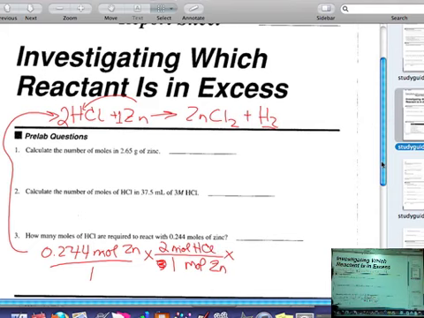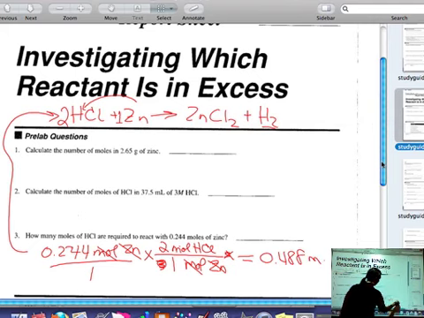Do we need to multiply any more? No, I don't think we do. We cancel moles of zinc for moles of zinc, and we end up with moles of hydrochloric acid, which just doubles, and we end up with 0.488 moles of HCl. So for 0.244 moles, we need twice that, and that's because you know how to balance equations.